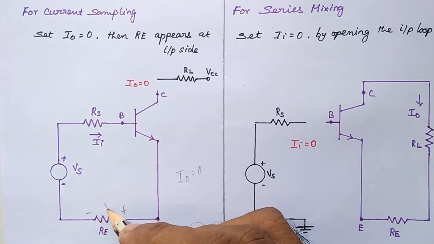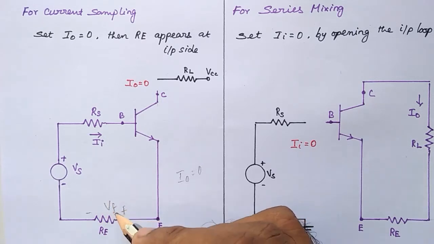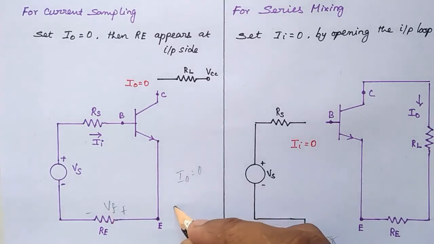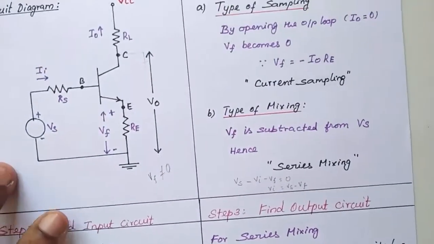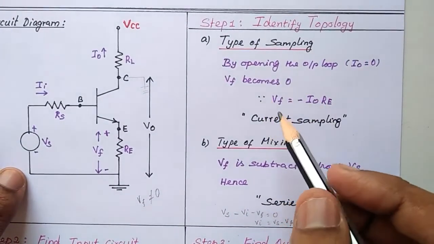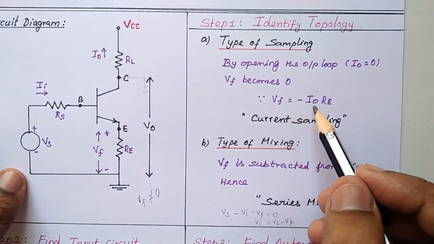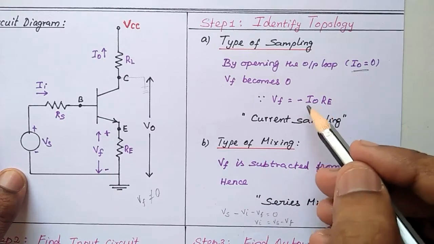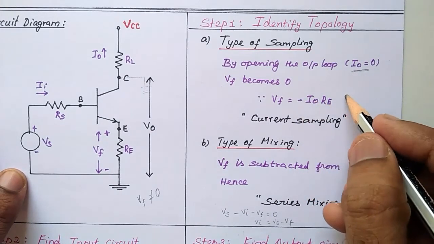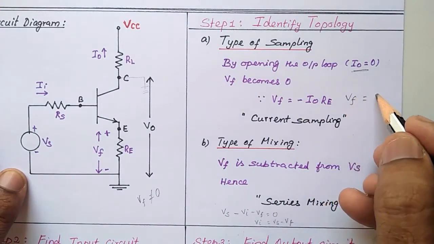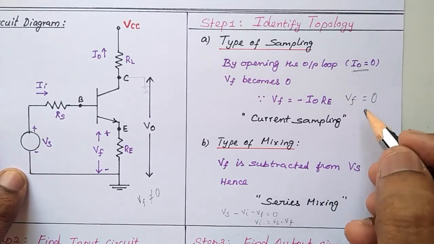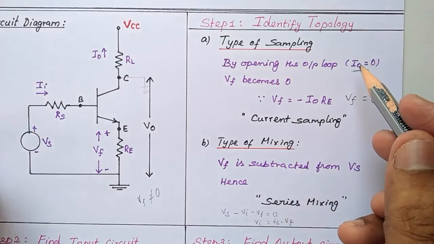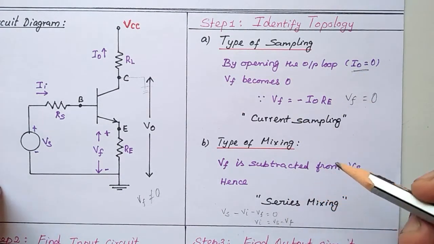This is nothing but VF, the feedback voltage. So the current is now converted into feedback voltage. The relationship between feedback voltage and output current is VF equals minus I0 into RE. Here I0 is equal to 0, hence this entire term becomes 0. Finally the feedback voltage becomes 0. I can say the sampling is nothing but current sampling. So I0 is the current I am sampling here.